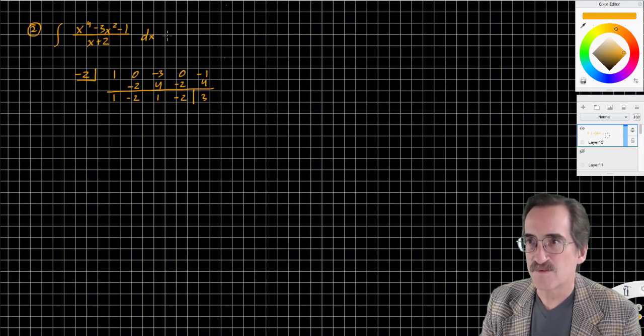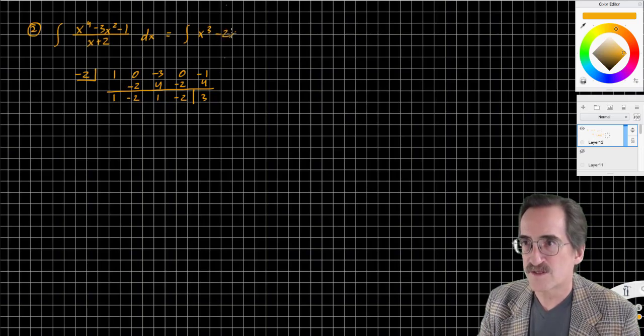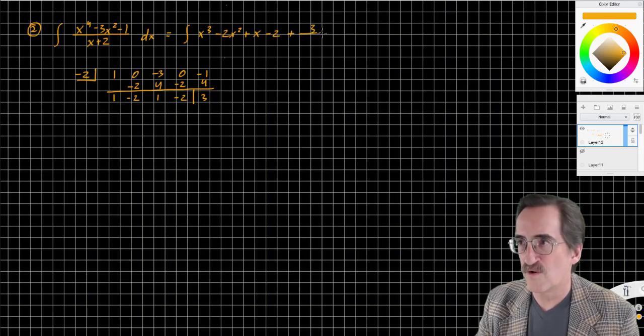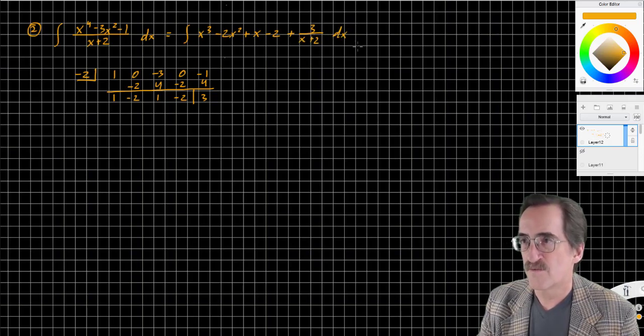So this comes out as the integral of 1 x to the third, x to the third minus 2x squared plus 1x minus 2. And then 3 is the remainder, so we say plus 3 over x plus 2 dx.